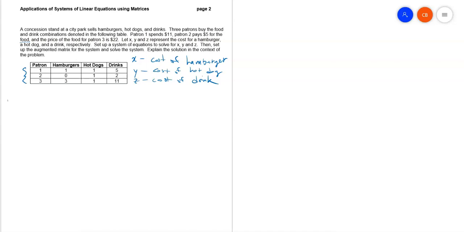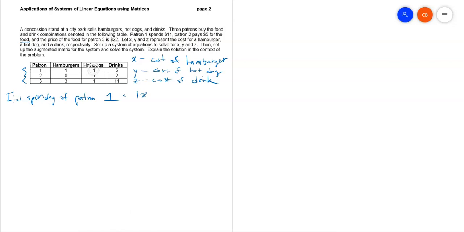We will say total spending of patron 1. That will be one equation. And how much did patron 1 spend? He bought 1 hamburger. The cost of a hamburger is X, so basically he spent 1 times X on hamburgers. He spent 1x. I'm just going to write 1x for now, even though normally we would just write x.